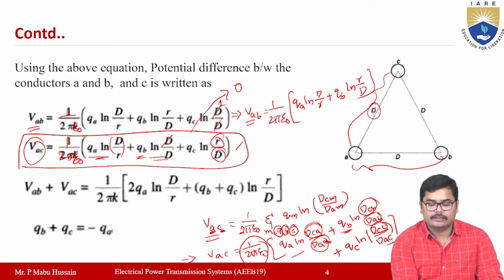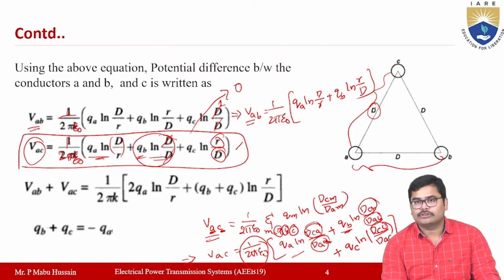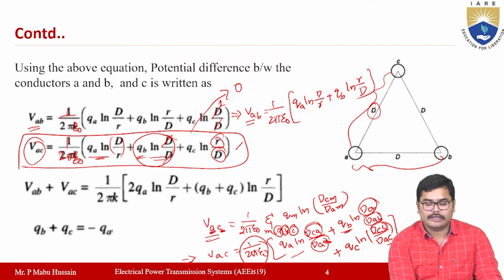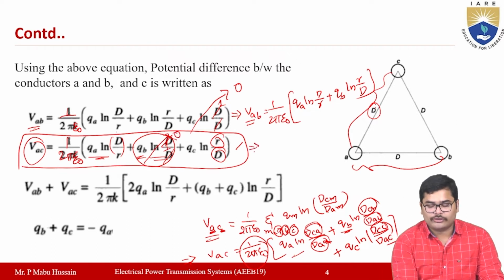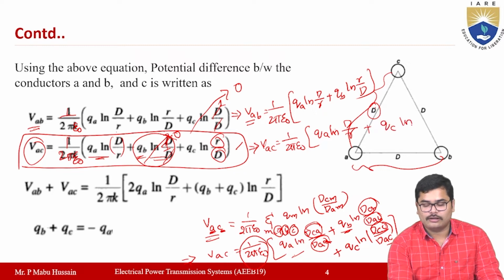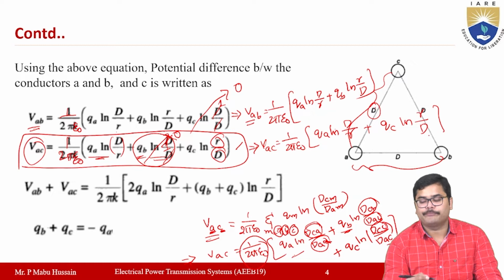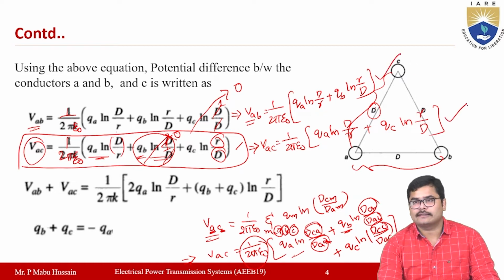Now here also the numerator and denominator in the second term are the same, capital D. When cancelled, you will get ln 1, so this value will again become 0. So VAC is equal to 1 by 2 pi epsilon naught QA ln D by R plus QC ln R by D. Okay, so VAB is this equation, VAC is this equation.